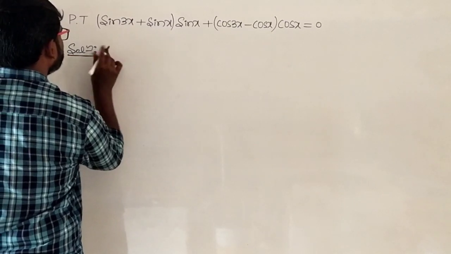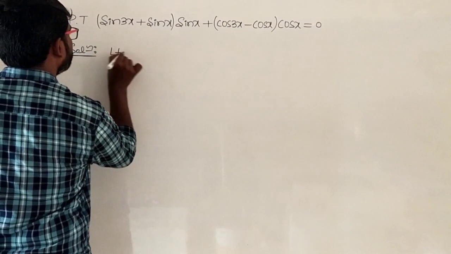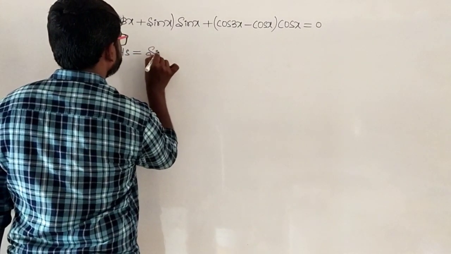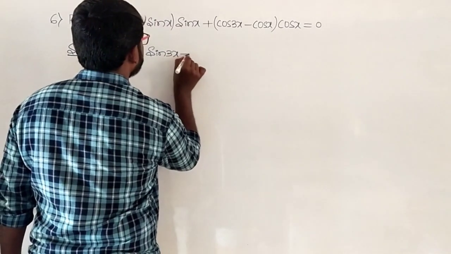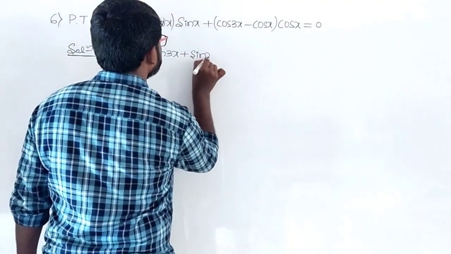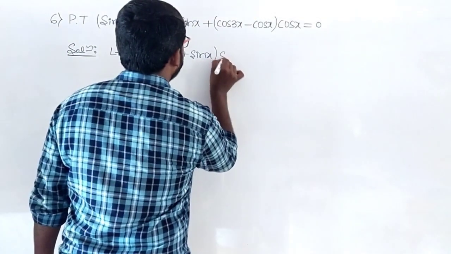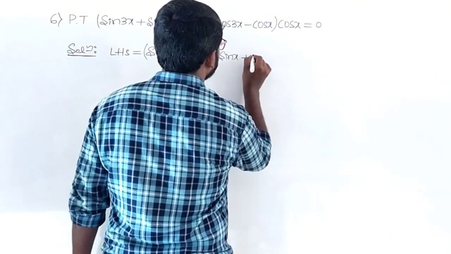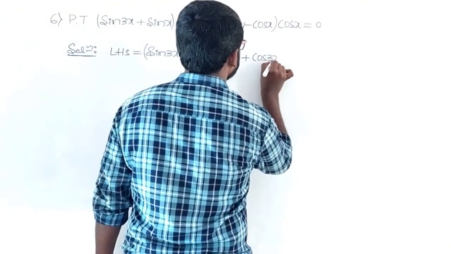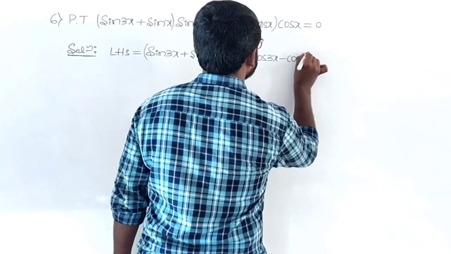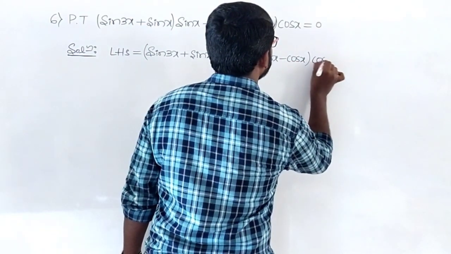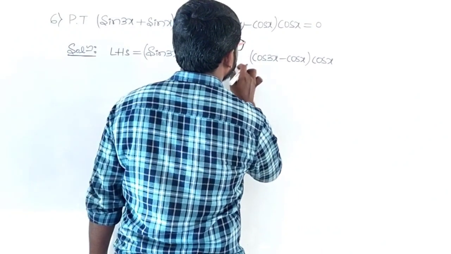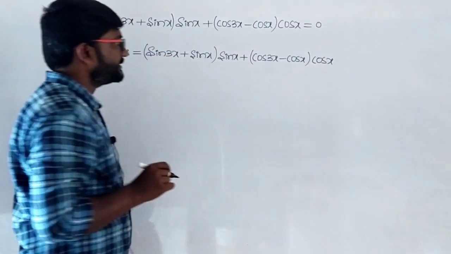LHS equals (sin 3x + sin x) into sin x, then plus (cos 3x - cos x) into cos x. So this is the left hand side. After simplifying, we should get the answer as 0.